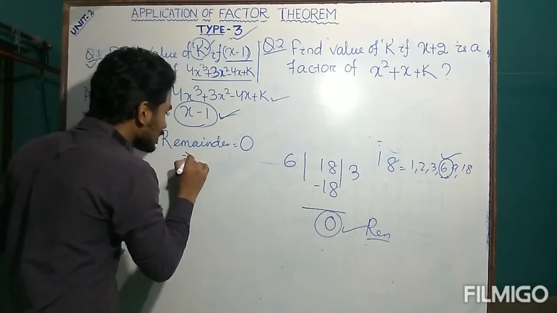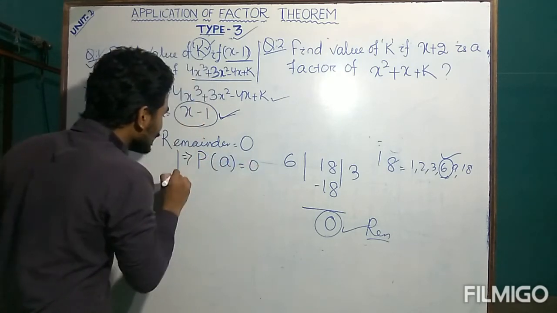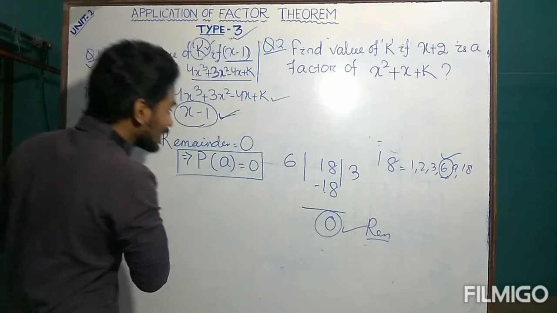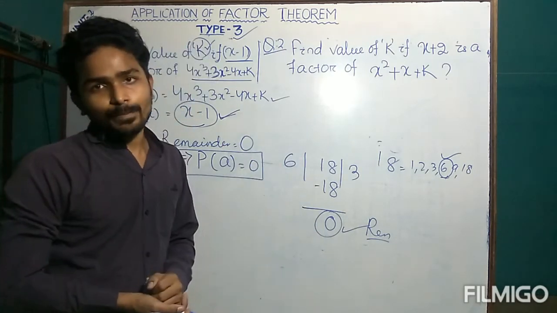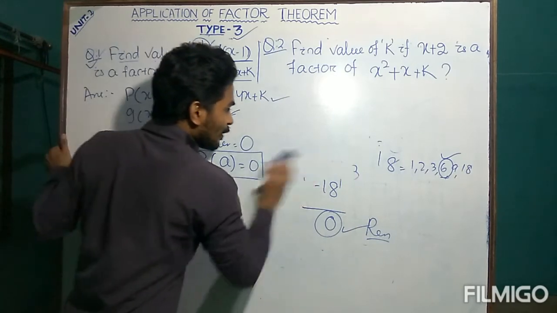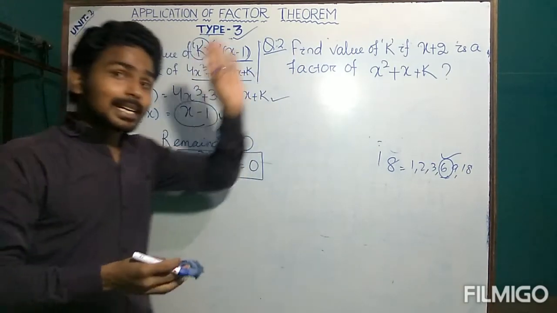The remainder is written in the form p of a. That means ultimately the condition given to us is p of a is equal to 0. Now it is clear, p of a is equal to 0. Or you can compare this question with statement 1.